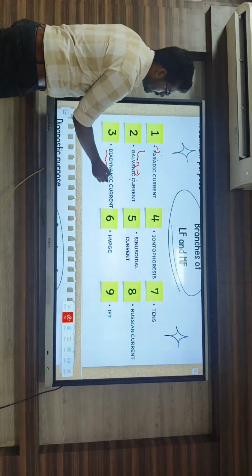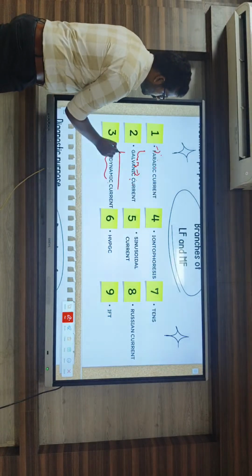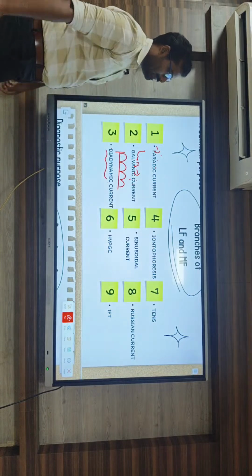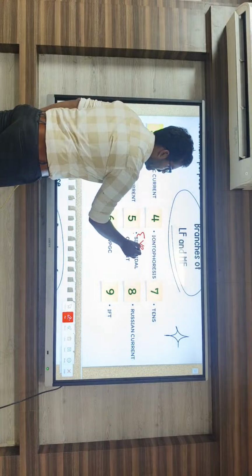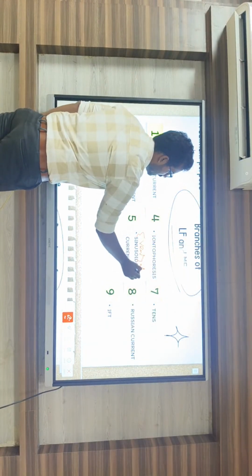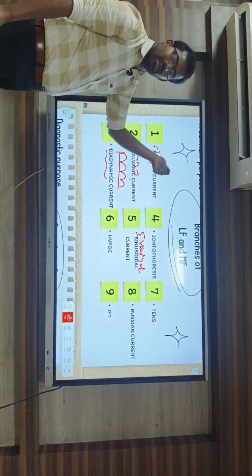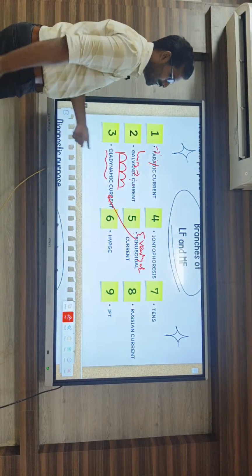So what about the diadynamic current, which is the modulation of unipolar sinusoidal currents. What about the sinusoidal current? Evenly alternated currents are known as sinusoidal current. The Faradic is unevenly alternated, and the modulation of the sinusoidal currents is known as the diadynamic current.